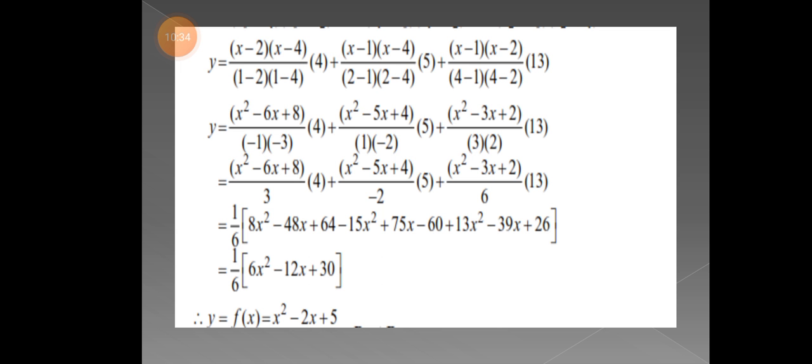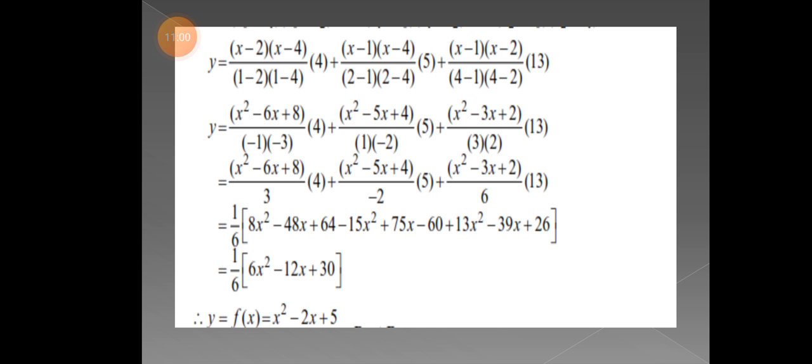So x minus 2 into x minus 4 for the first value: when you multiply both, you get x square minus 6x plus 8, divided by 1 minus 2 into 1 minus 4, which gives minus 1 into minus 3, into y naught value, which is 4. Plus next, x minus 1 into x minus 4 is x square minus 5x plus 4, divided by 2 minus 1 into 2 minus 4, that is 1 into minus 2, into y1 value, that is 5. Plus x square minus 3x plus 2 divided by 3 into 2, into 13.